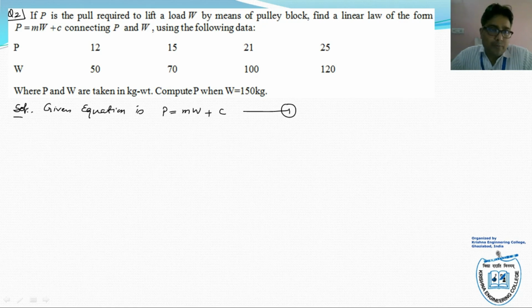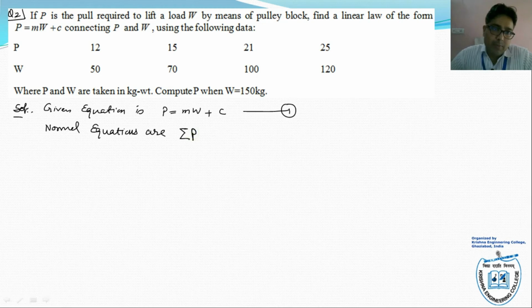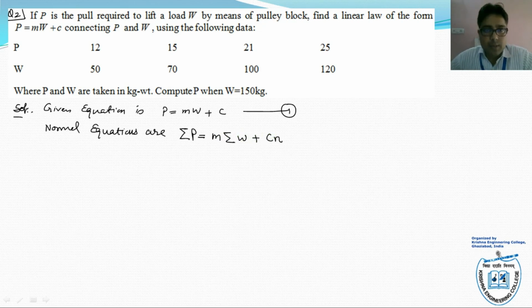So the normal equations are: sigma P is equal to m sigma W plus Cn, right?